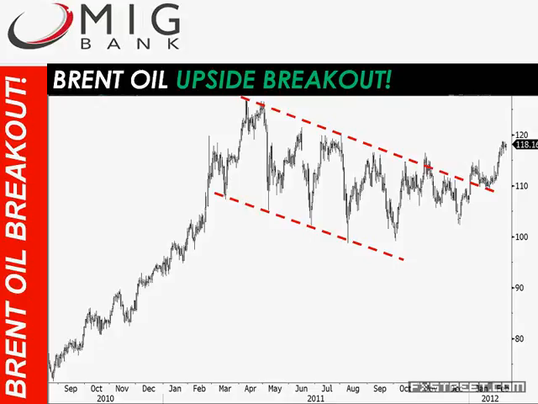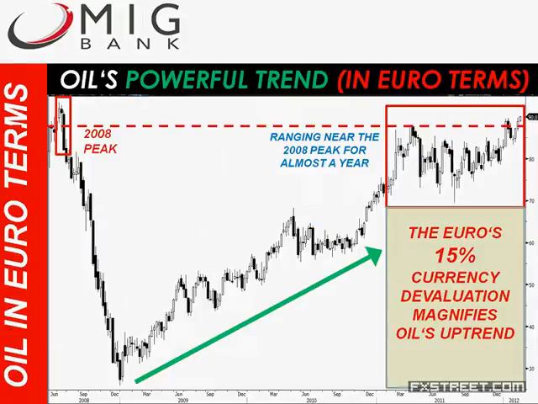Now, what I have done here is I have put the same chart, Brent crude oil, but now I'm showing it to you in a different currency. So the previous two charts, I was showing you oil priced in the US dollar, which is the traditional currency of value. But here I'm showing you oil, Brent crude oil, priced in euro terms.